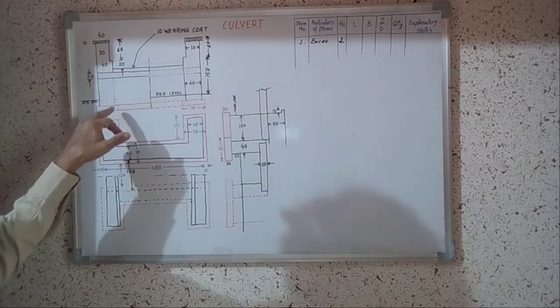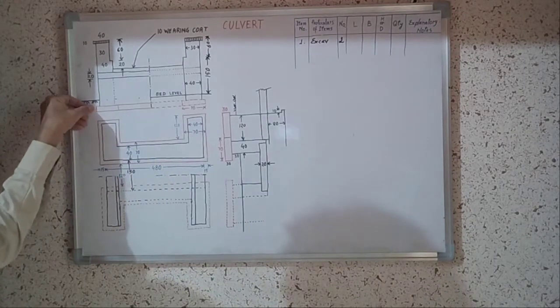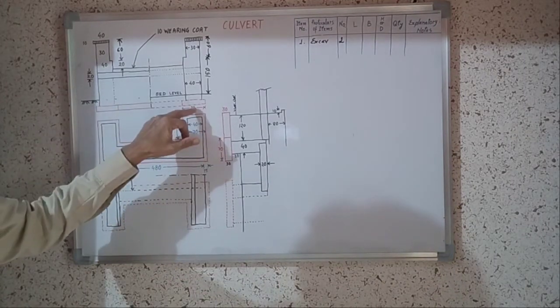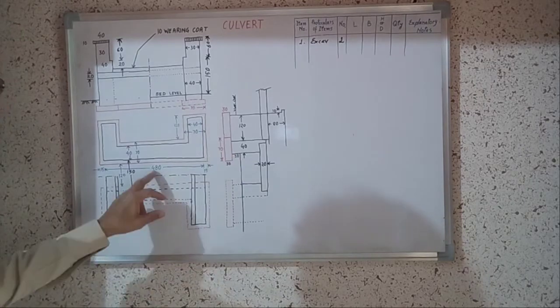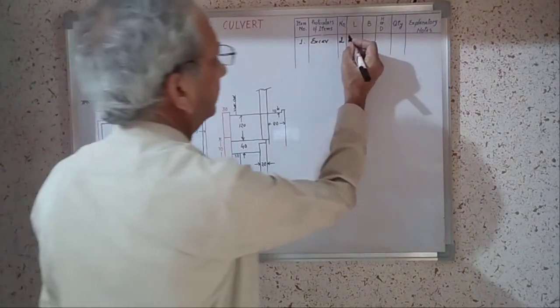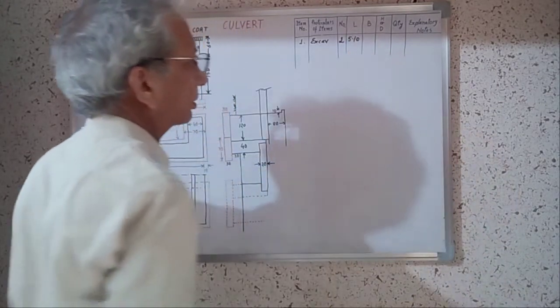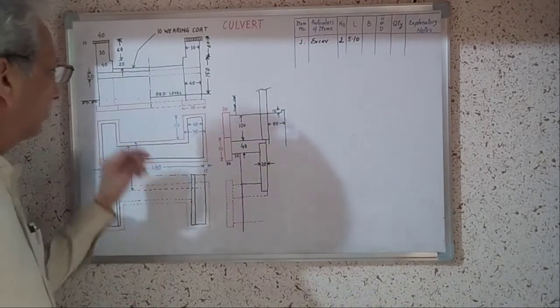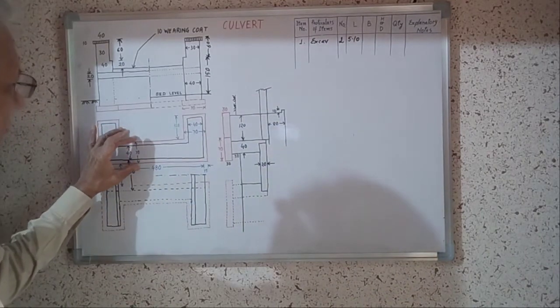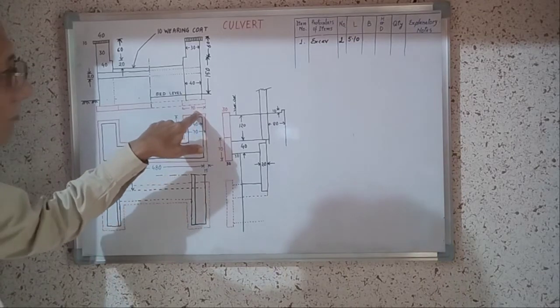Here you can see the cross section. This 15 centimeter we have provided. Now this 70 is the width. First length 480 plus 15 plus 15, it is 5.10 meter. Now width will be 70 centimeter. You can see here 70 centimeter.